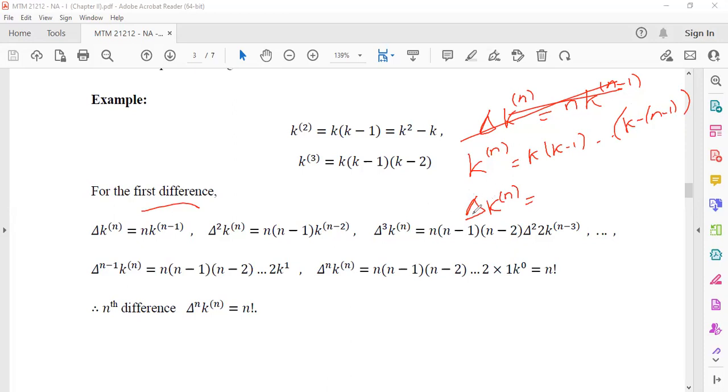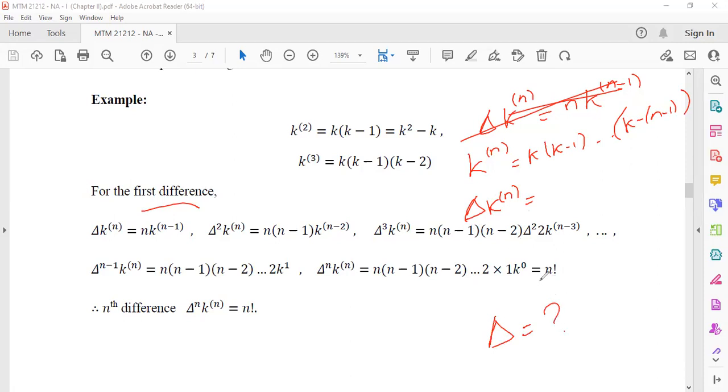What is the idea of delta? Why do we use the delta here?